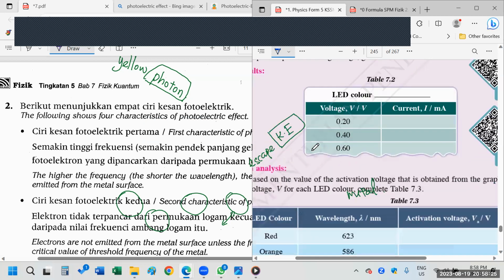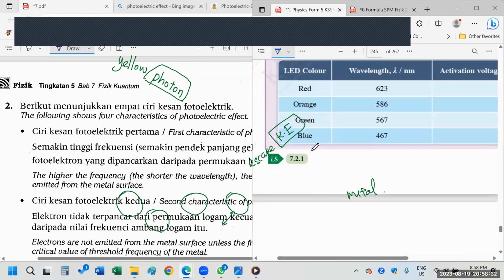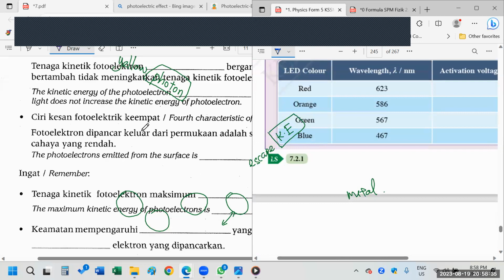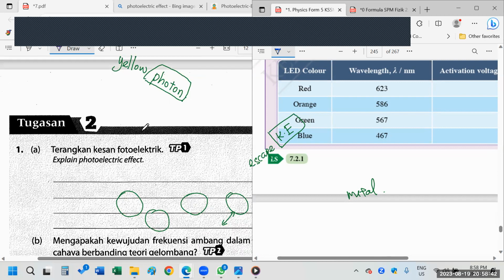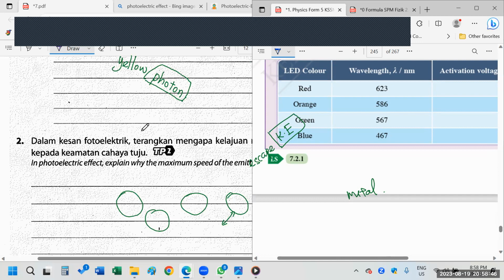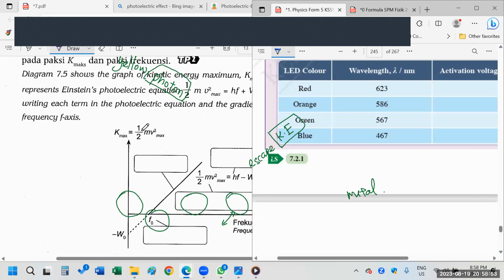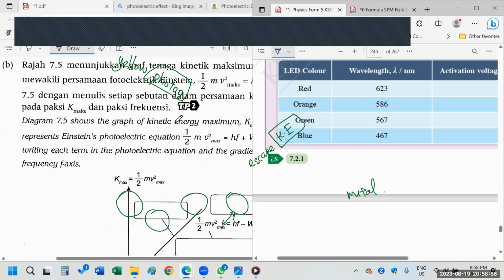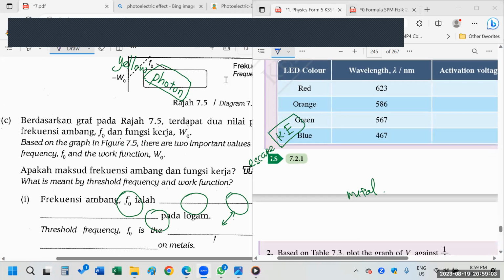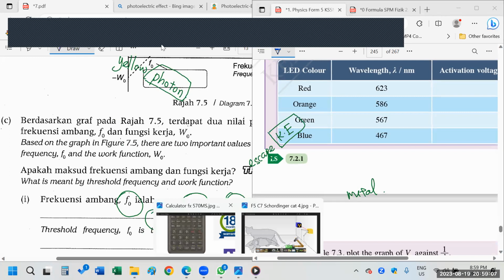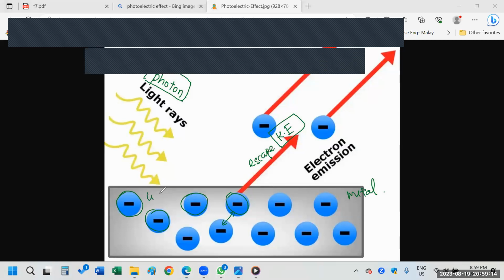I think this is it. Work function. Yes, finally, I got it. It's the work function.